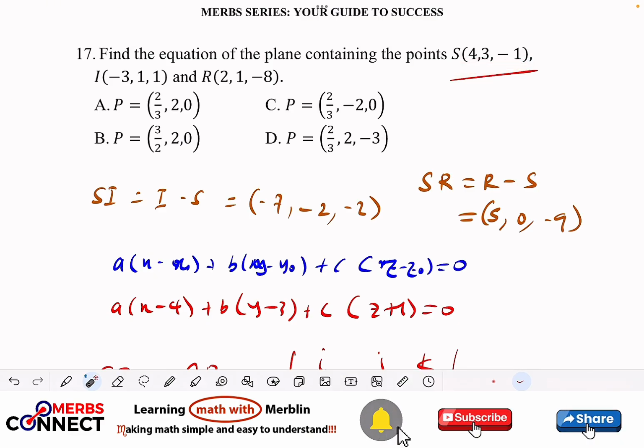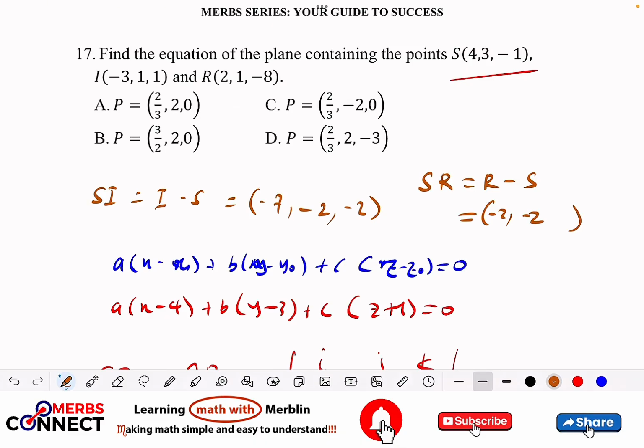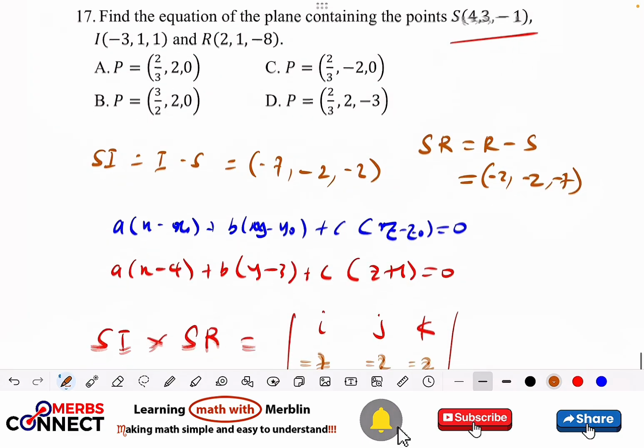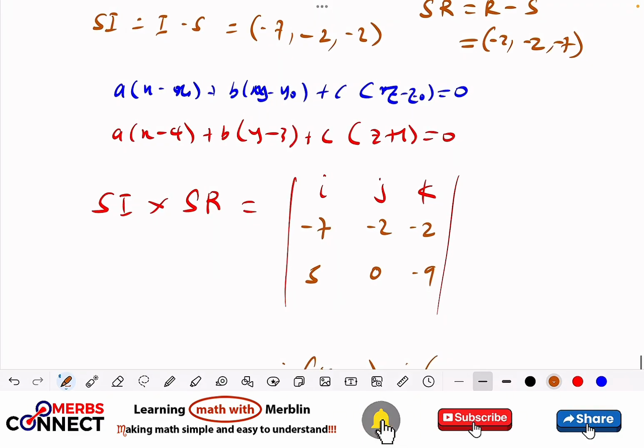So this one should be 2 minus 4. It's supposed to be going with x. So 2 minus 4 is minus 2, right? And then 1 minus 3 is also minus 2. And then 8 minus minus 1 will be minus 7. Yeah, I think that's the right thing to do.